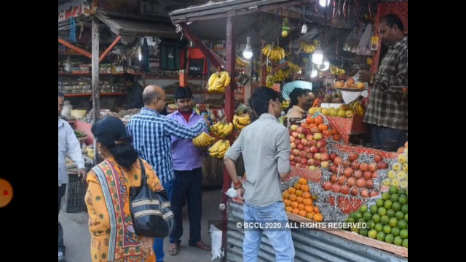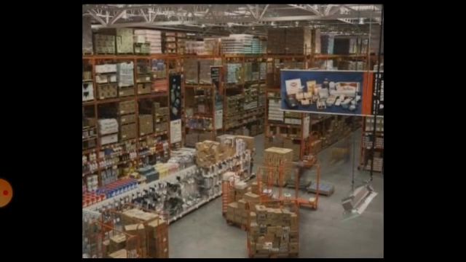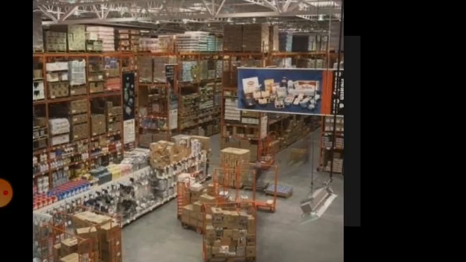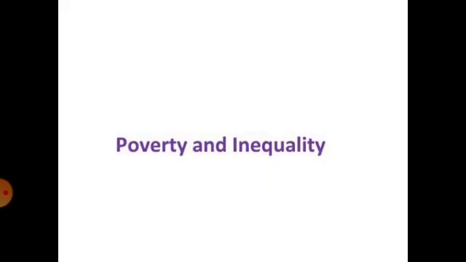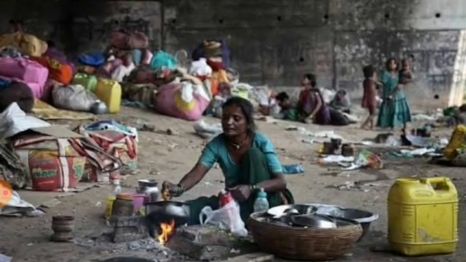Next factor, the production and supply of goods. When the production and supply of goods decline, the price of goods increases, and then the purchasing power is affected. Next factor, poverty and inequality. There exists a huge economic disparity in the Indian economy.